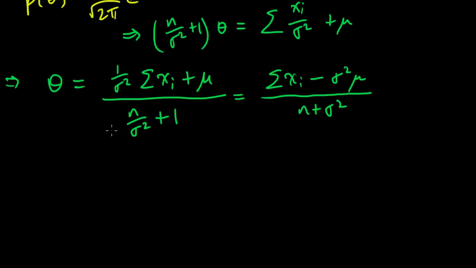And so this implies that theta, let's rewrite this in a slightly different way. Theta MAP, the MAP estimate, equals this thing, and I'm going to write this as a sum of these two parts.